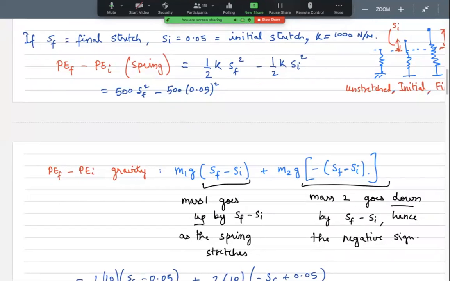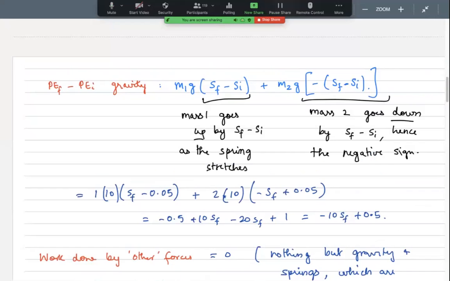This is going to be a positive number because the mass rose; its height increased. For mass M2, it's going to be negative because this mass falls down. If you do y2 final minus y2 initial, this is going to be M2 g with the negative sign of how much mass 1 went up. So this captures the fact that mass 2 loses potential energy, and this gains potential energy. Plug everything given, you get some expression.